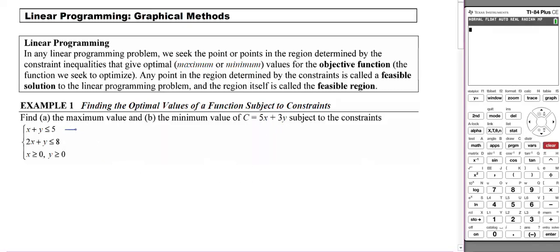First off, let's modify these inequalities so that they're in a form that we can put in our equation editor. So y less than or equal to 5 minus x, and y less than or equal to 8 minus 2x. You don't have to graph x greater than or equal to 0 and y greater than or equal to 0.